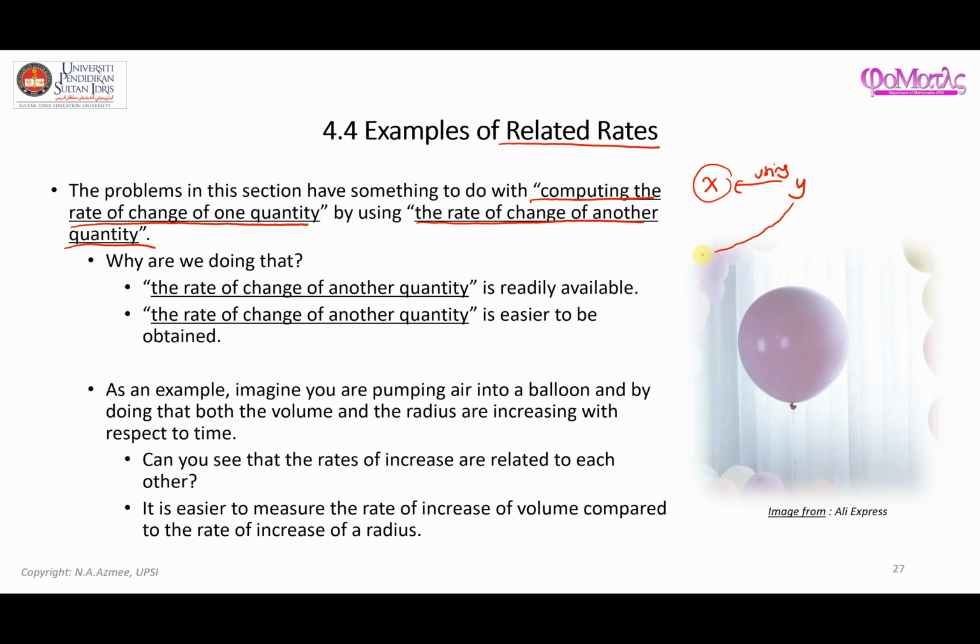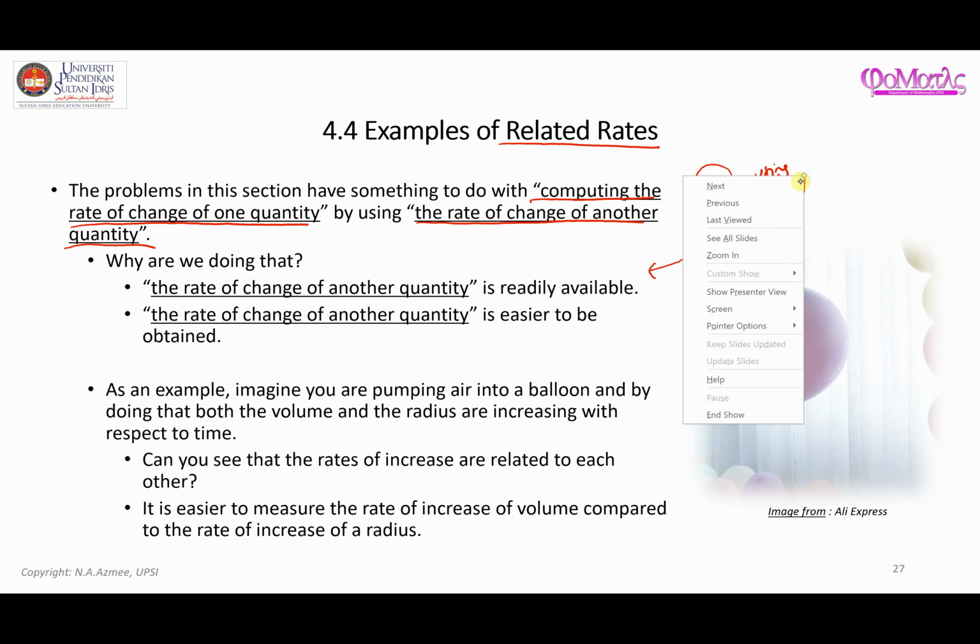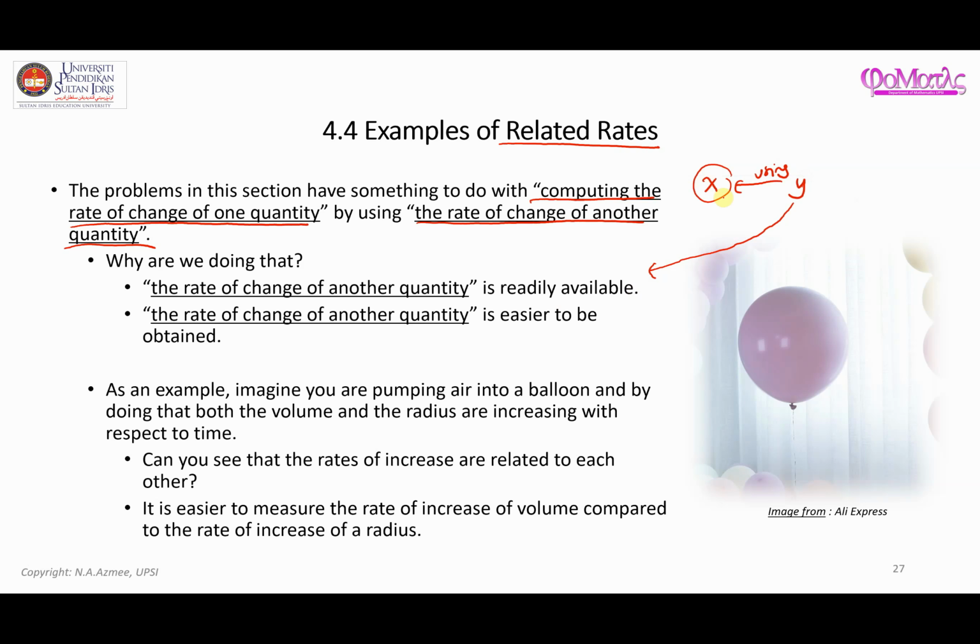Because in certain circumstances, the value of y is already available. The information of y is there, so we're just going to use y in order to find x. In other circumstances, it could be that y is easier to be computed, easier to be calculated. And that's why we are using y in order to get the value of x.